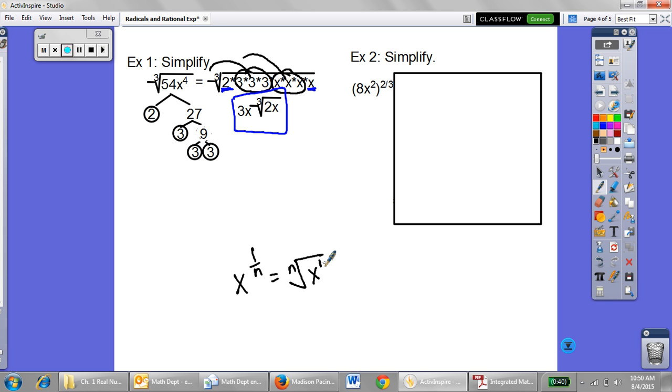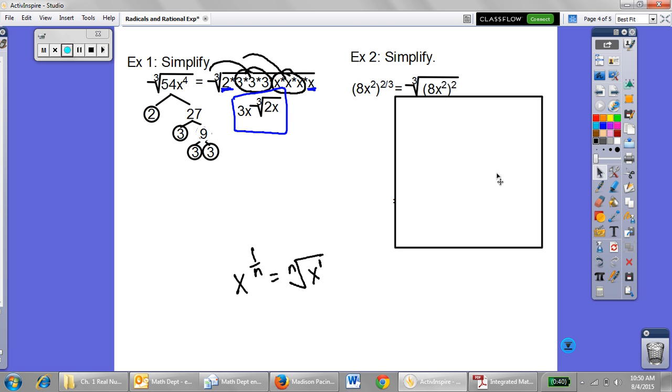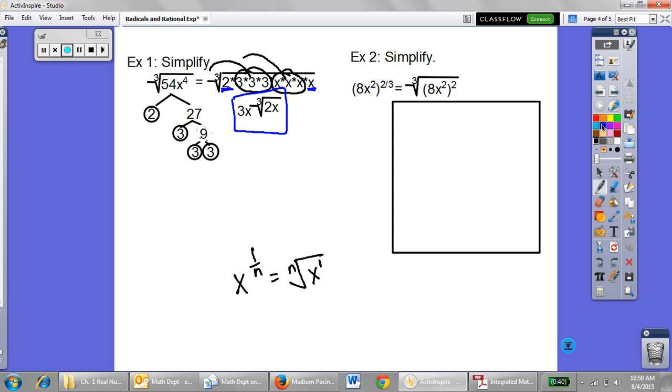So it changes because now we have 2/3 as the exponent. So look how we write that in radical form. We can put the 3 as the root right here, and the numerator of this fraction, 2, goes right here, as we saw on the last page. And 8x squared is the part that we use for the radical.